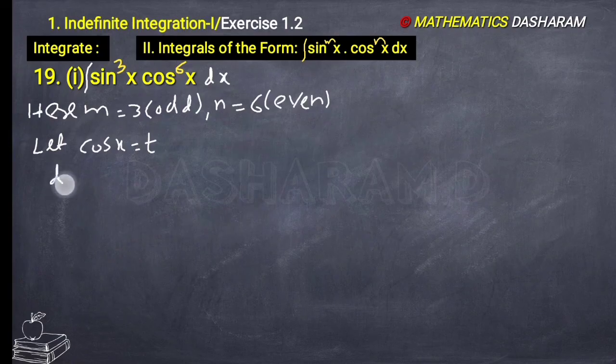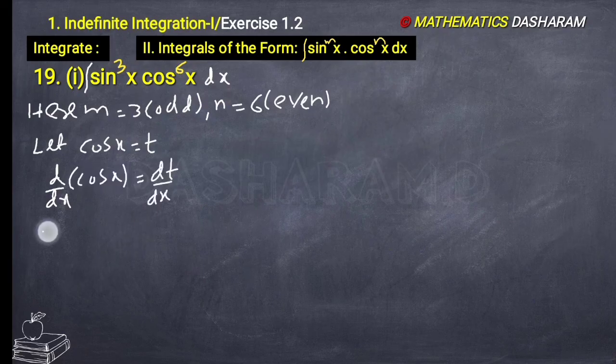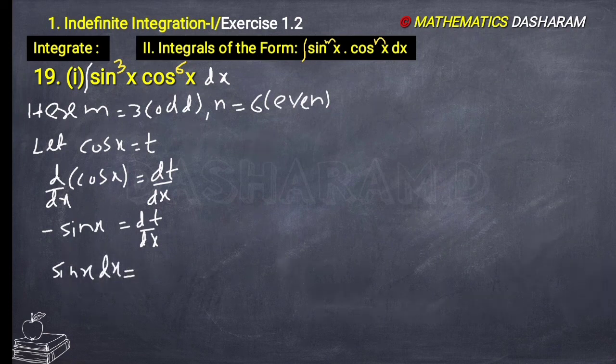Next, do the derivative on both sides with respect to x. So the derivative of cos x is minus sin x, it equals dt by dx. So sin x dx equals minus dt.